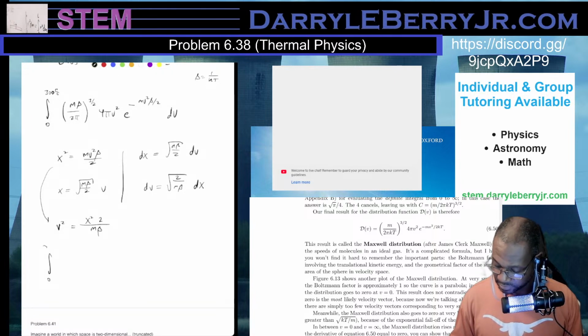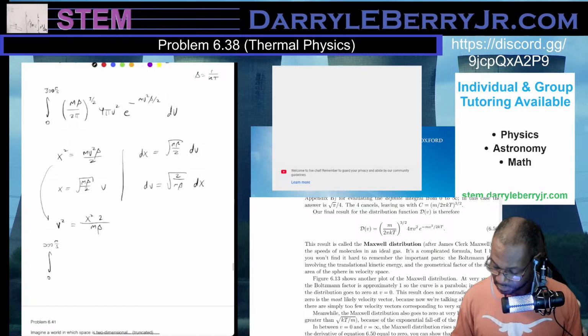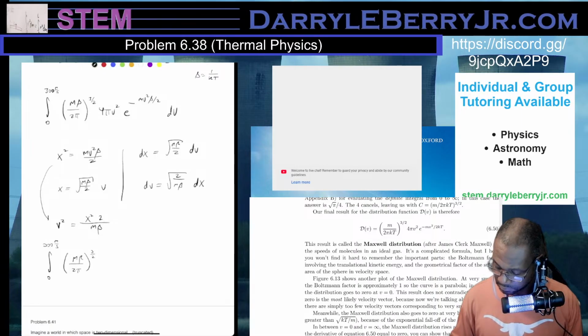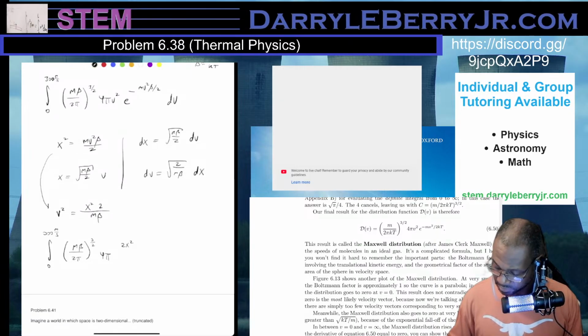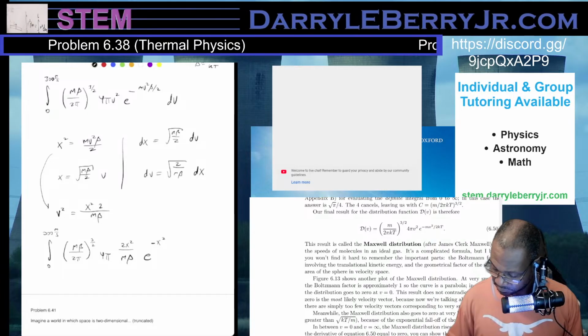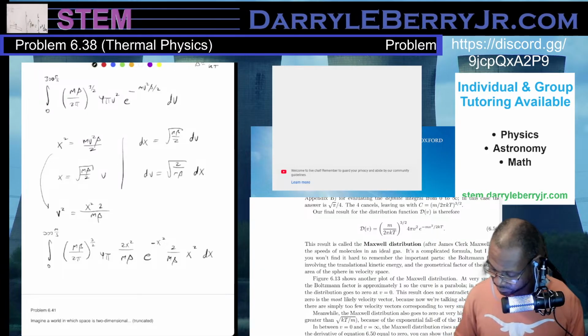We have the integral from 0 to 300 meters per second of (m beta over 2 pi) to the 3 over 2, 4 pi, 2 x squared over m beta, e to the negative x squared, and the square root of 2 over m beta, x squared dx.